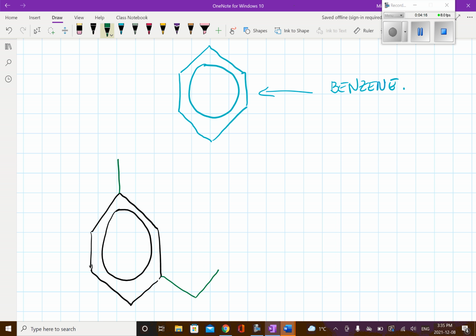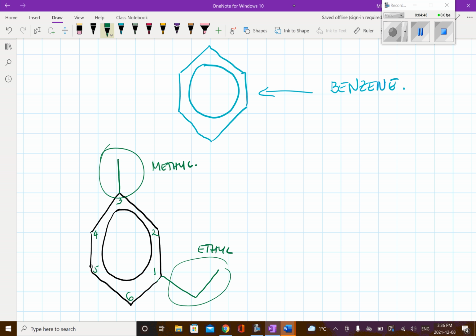Okay, so the way that we name it, we start with numbering the carbons: 1, 2, 3, 4, 5, 6. I started with ethyl. The branch here is ethyl, because it comes before M, which is the other branch, methyl.